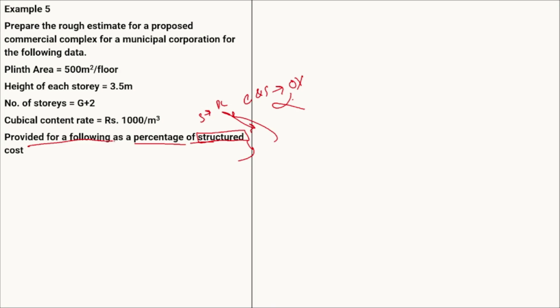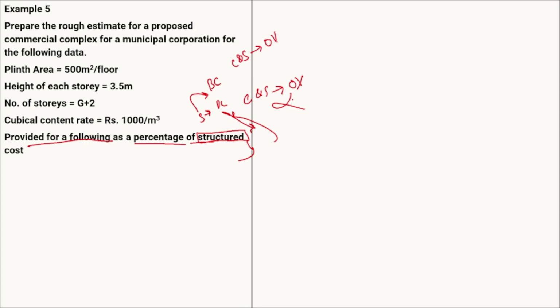If the numerical directly states whether contingencies should be taken on the overall cost or on the building cost, then that assumption should be followed. If it is not given, then our own assumption applies: the cost of services is taken on the building cost, and the cost of contingencies and supervision on the overall cost.